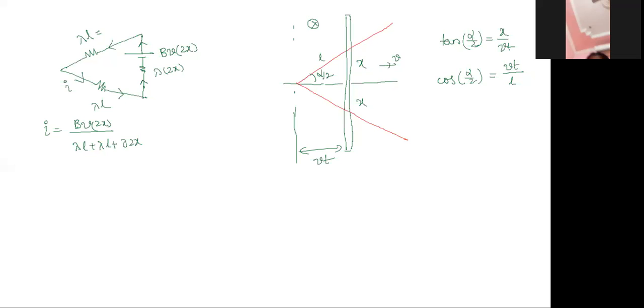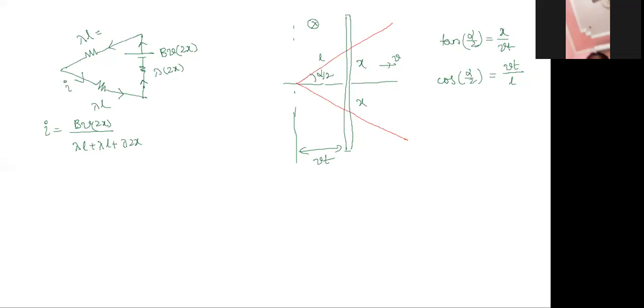Flux initial is L I1, final flux is L plus 4L into I2. So we end up with I2 equal to I1 by 5. So immediately after the switch is placed to position 2, the current suddenly changes to I1 by 5.